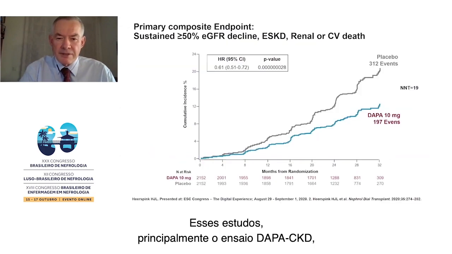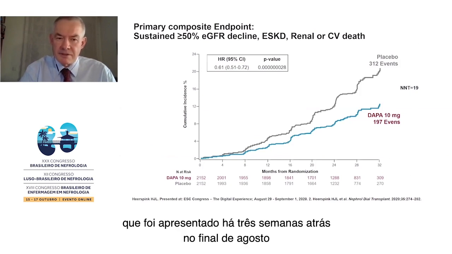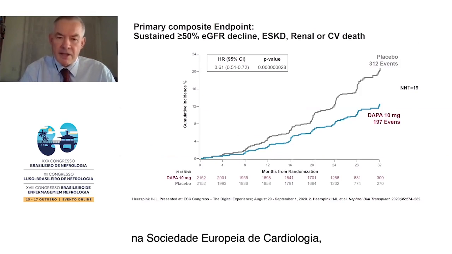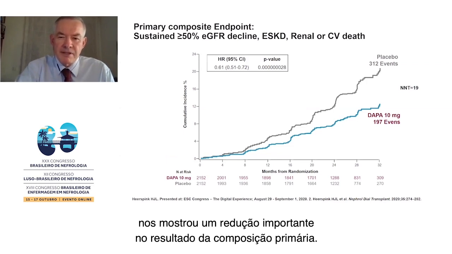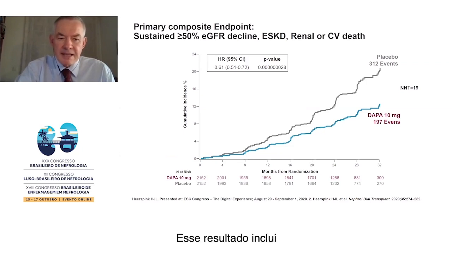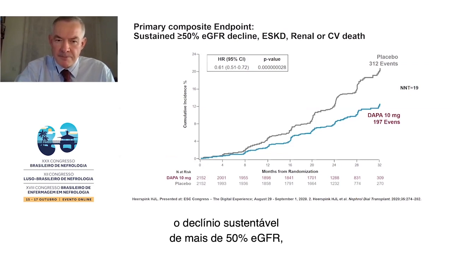So these trials, and especially the DAPA-CKD trial, which was presented 3 weeks ago at the end of August at the European Society of Cardiology, show us a very prominent reduction of the primary composite endpoint. This endpoint includes sustained more than 50% eGFR decline, end-stage kidney disease, renal or cardiovascular death.